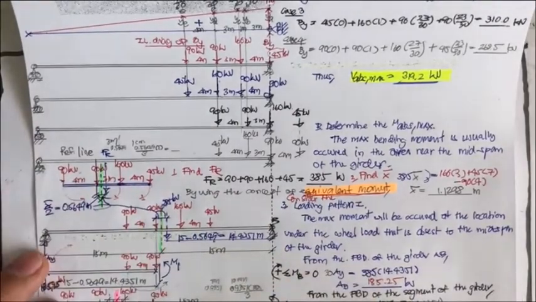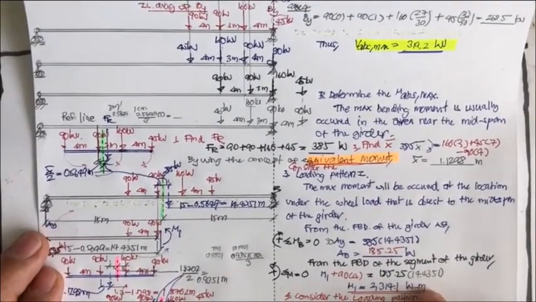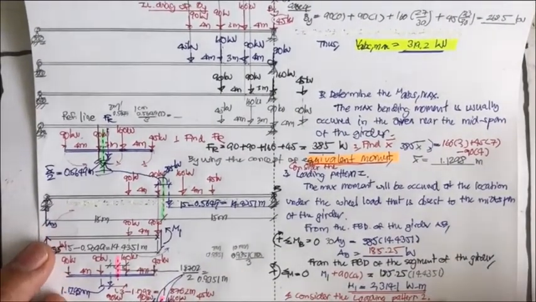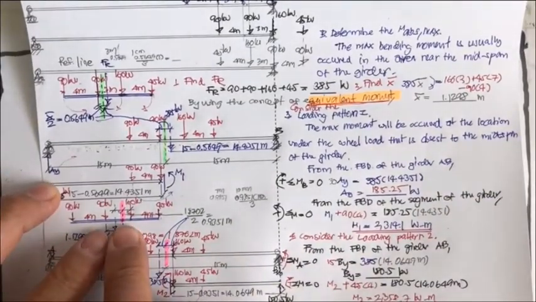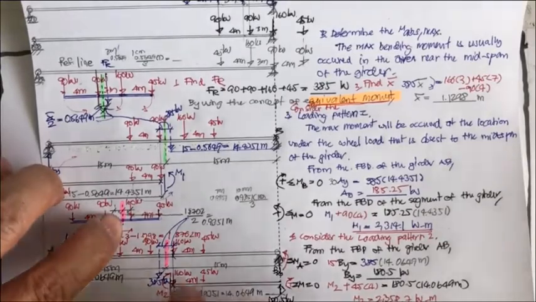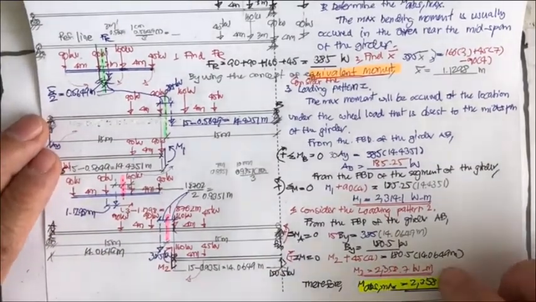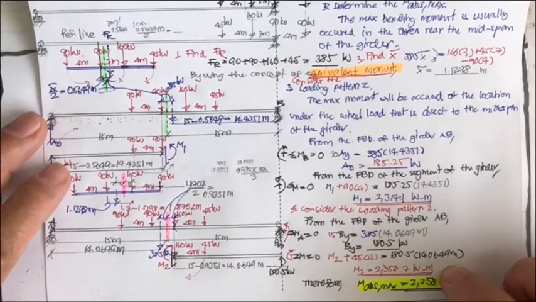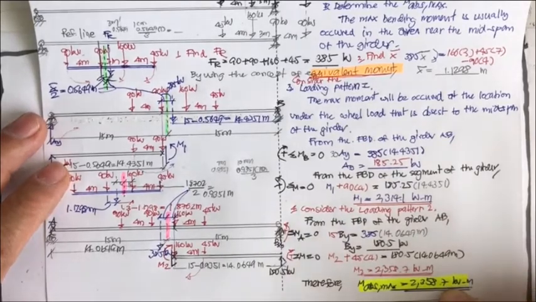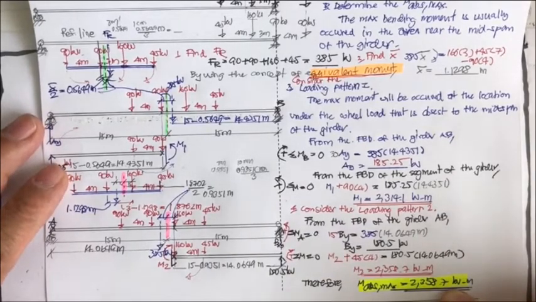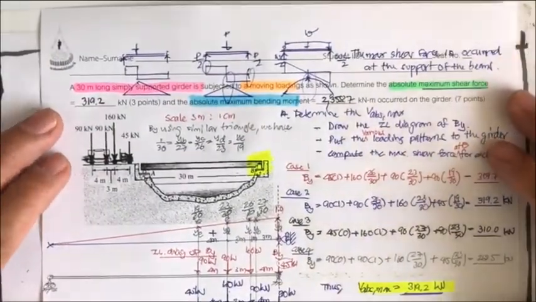We got 2314.41 kilonewton meter. Then we do the same thing for loading pattern 2. This time, the pink, we put the centerline into the midspan of the beam, and we get the second maximum bending moment. Since this one is higher than the other, this one is going to be the absolute maximum moment for this case.